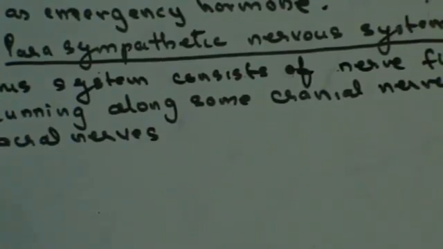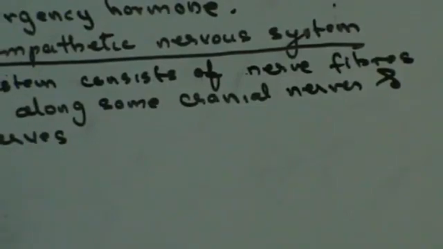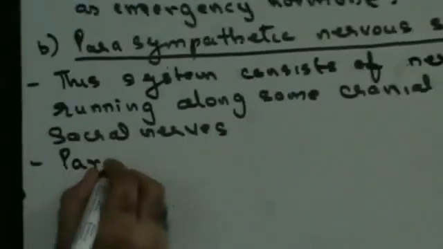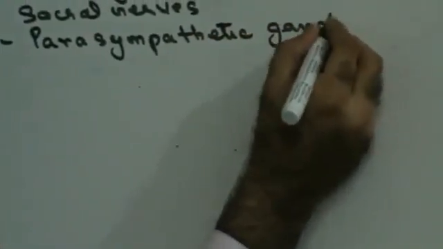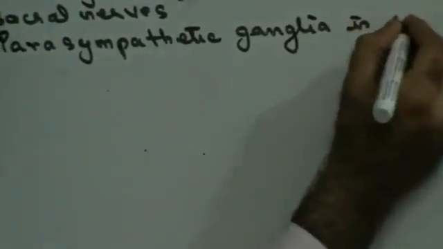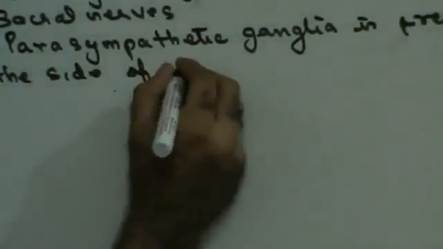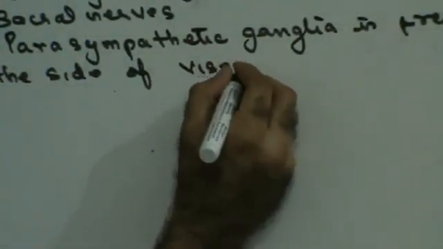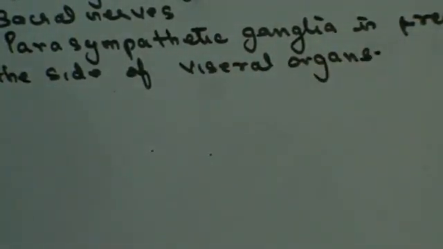That's where the system is, right? The parasympathetic ganglia are present on the side of the visceral organs.